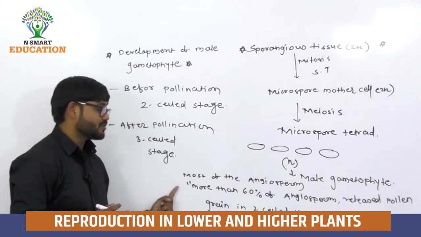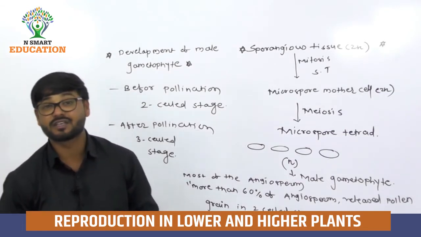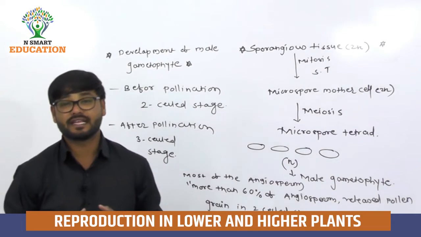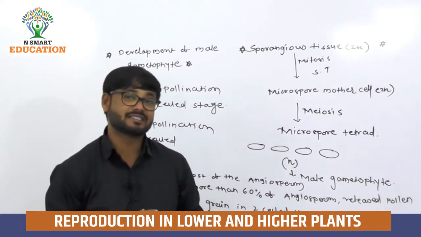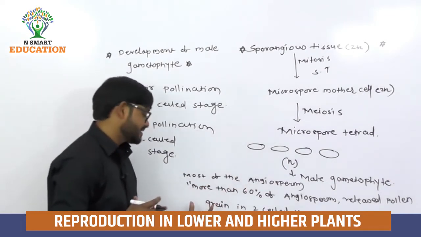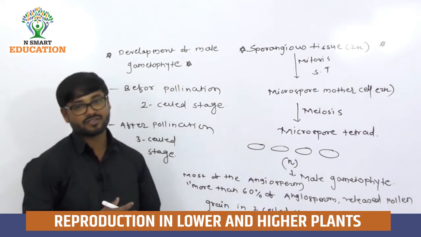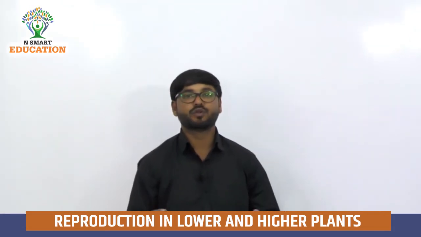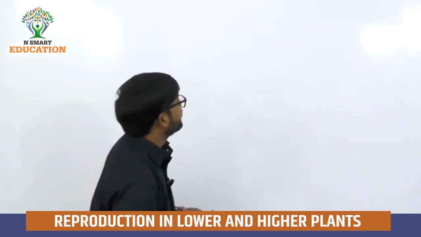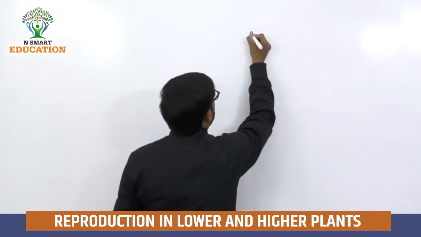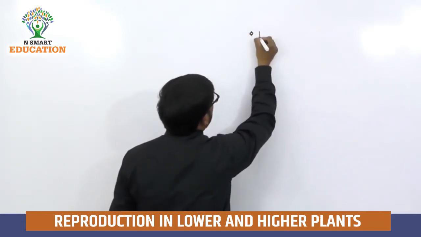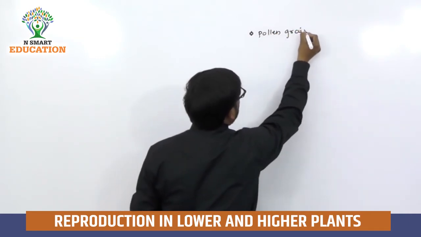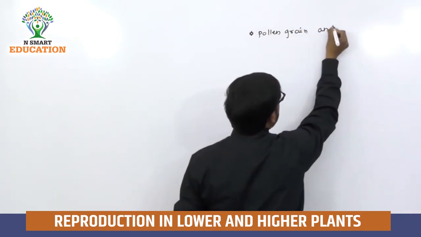And this statement is very important: more than 60% of angiosperms release pollen grains in 2 cell stage. Now next, pollen grain and development of male gametophyte, very important.